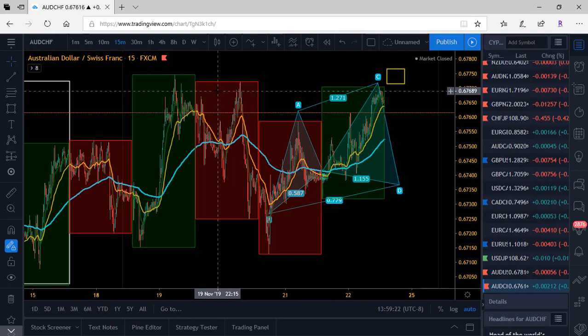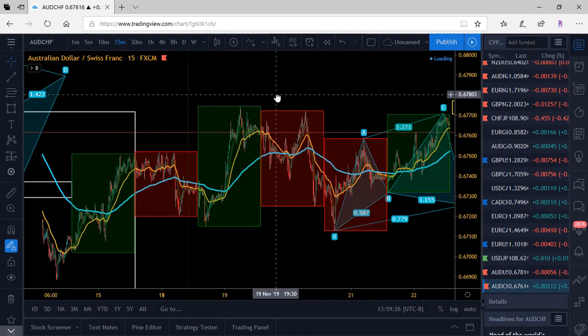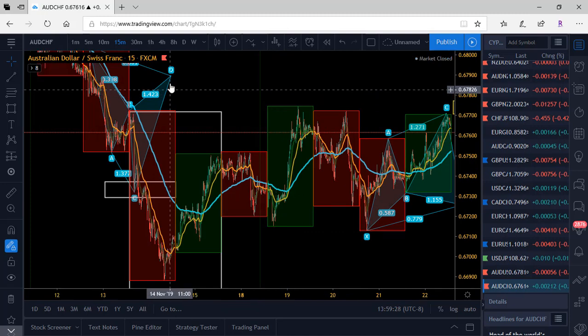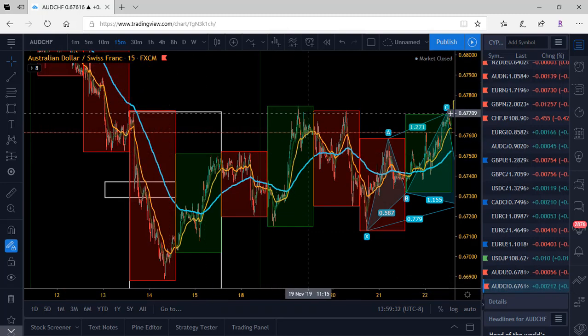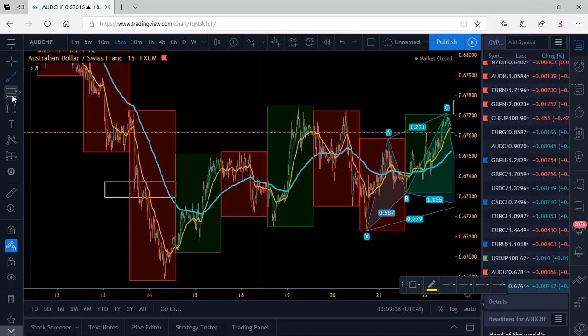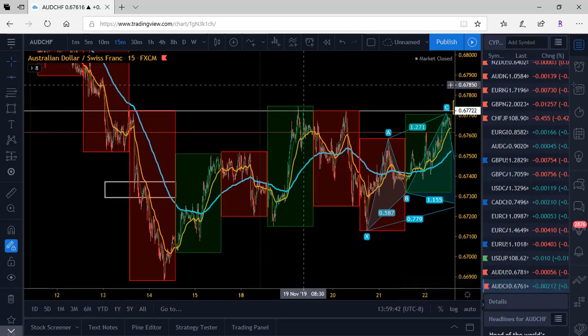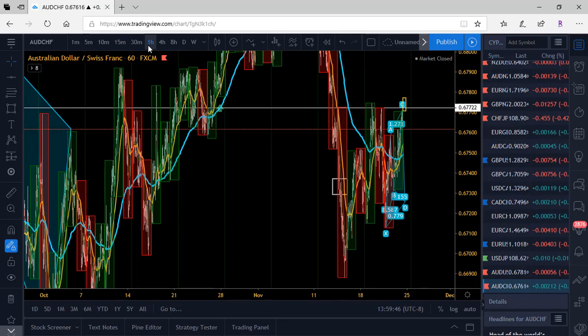So I see some nice previous structure, which is this area right here. Some nice resistance, supply zone. So let's go to the 1 hour so you could have a better view.